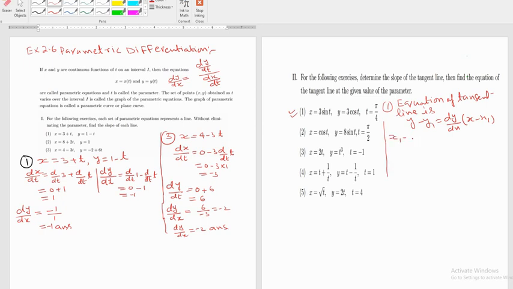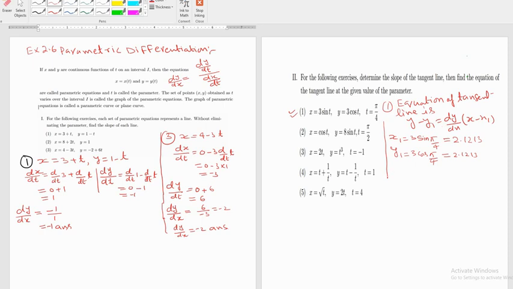So x1 means 3 sine t with t equal to pi by 4. Just replace t is equal to pi by 4 here; this will give you x1, and this will give you y1.